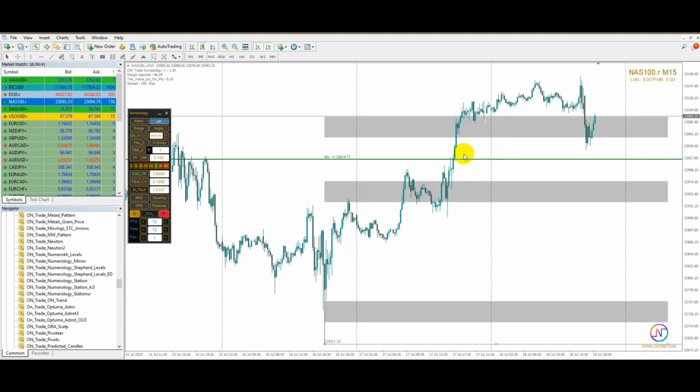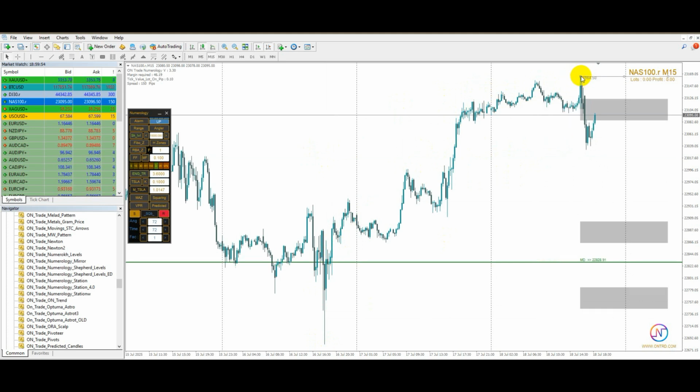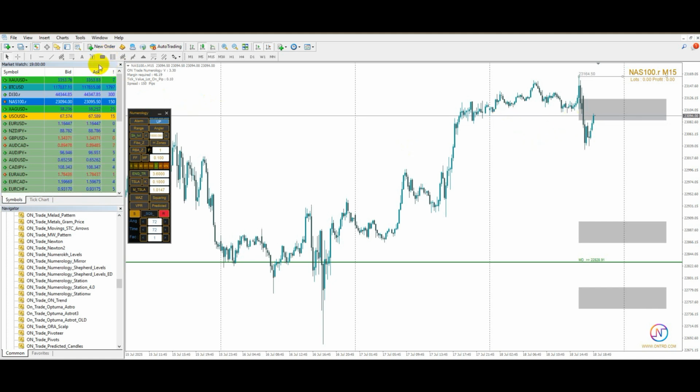Price is above the green line. Now we are going to check. No breakout until here. Our entry was here, our first target is here, and our second target is here at the next gray zone.